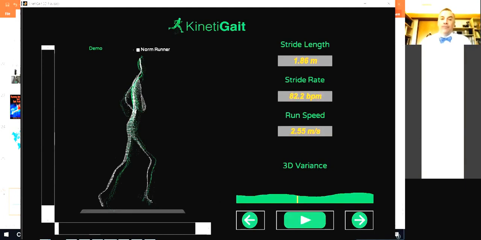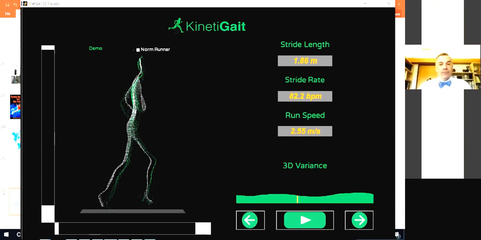Okay, and another question is that when we use KinetiGait, which I've been trying the last couple of days, is there a particular color of clothing you recommend? A bright color? Yes, that's an excellent question.